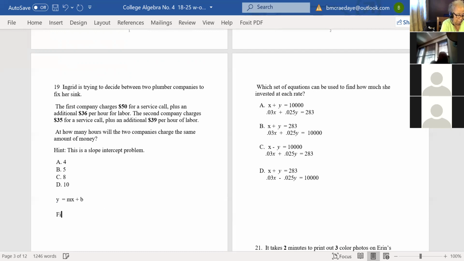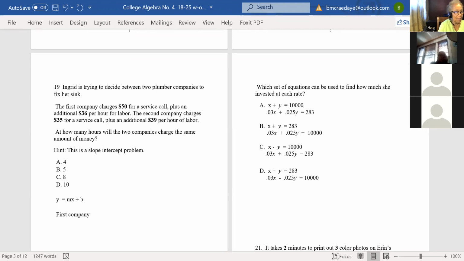The first company. Chastity, what would the first company look like? The first company charges $50 for a service call plus an additional $36 per hour for labor. So what would that look like? The fixed part is like the b. We call that the y-intercept.